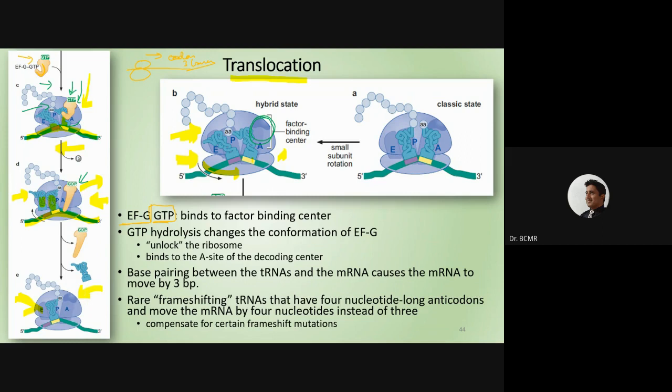So again, the process of binding of EF-Tu will bring a charged amino acid. Proofreading will occur. There are three mechanisms, and once they are all done, the peptidyl transferase reaction occurs. When that is done, translocation is mediated by EF-G, elongation factor G.